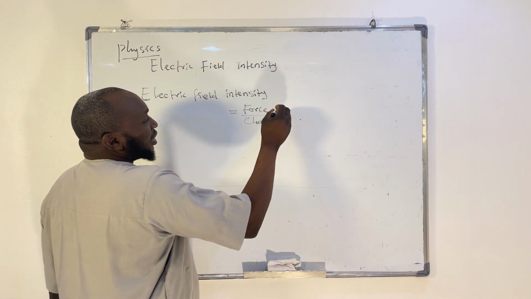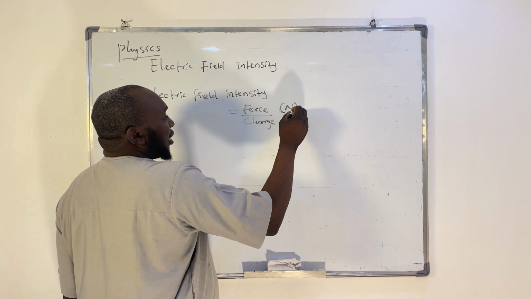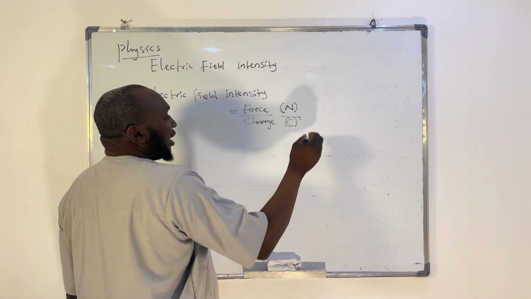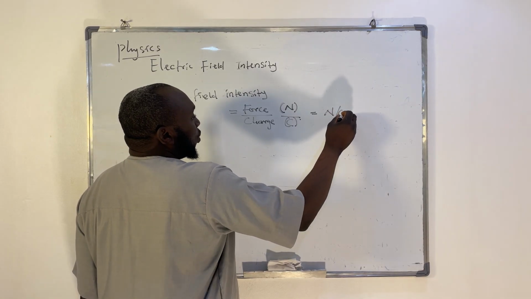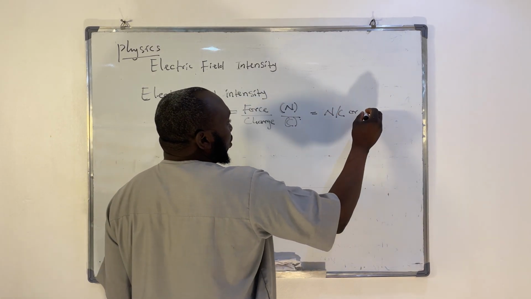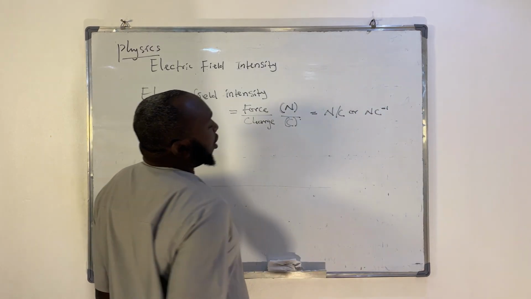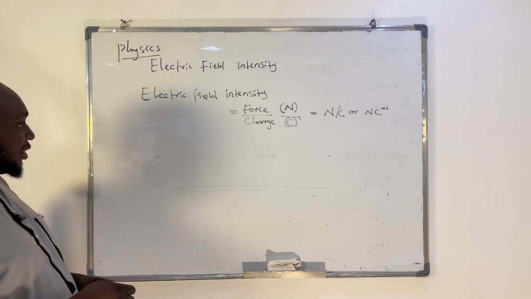The unit of force is Newton, and the unit of charge is coulombs. And that is why the unit is Newton per coulomb, which is the unit of electric field intensity.